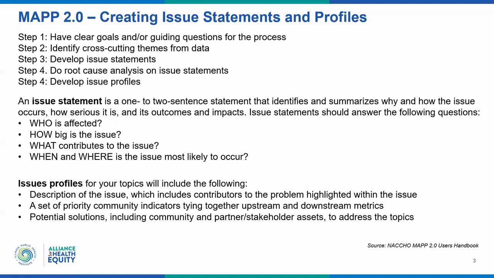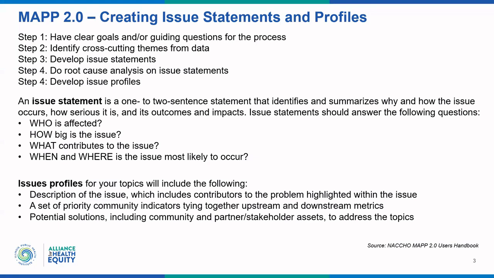So within the MAP 2.0 process, essentially how it breaks down is that you create goals and guiding questions for your implementation and prioritization process. And then you'll look at the data from all of the different aspects of the assessment that we've done.